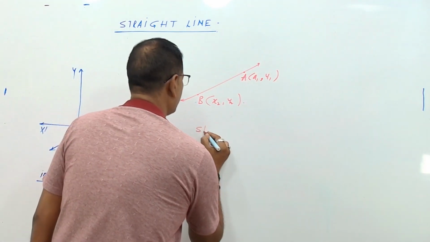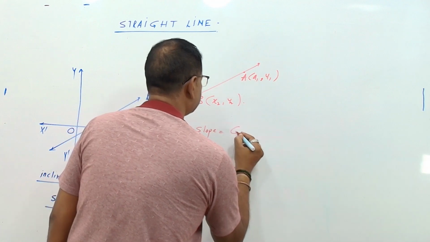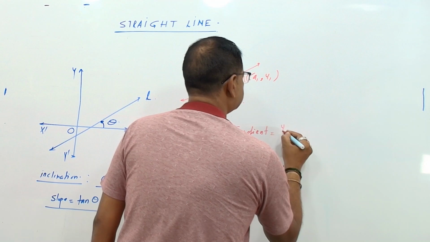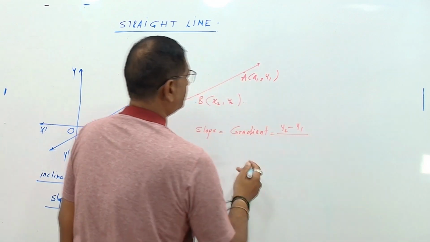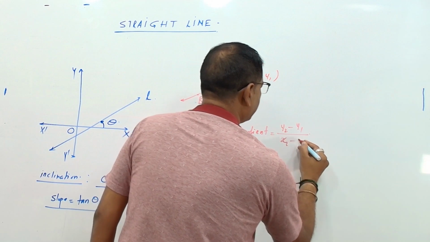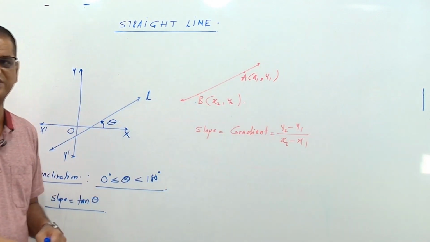So what is its slope or gradient? Gradient is defined as y2 minus y1 divided by x2 minus x1.